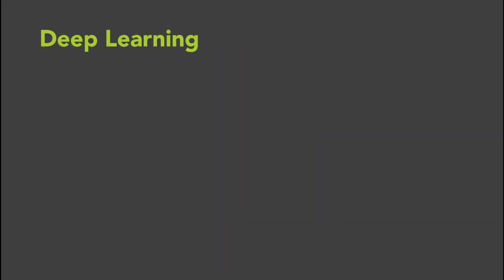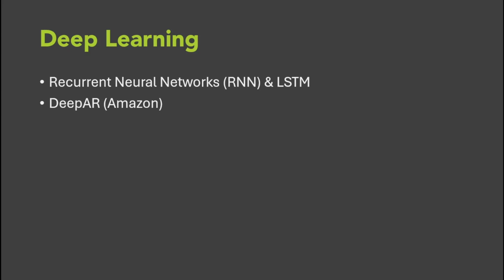Finally, we have deep learning models. These are models built using neural networks such as RNNs and LSTMs. Because these are neural networks, they can take in sequences and output sequences, which allows for multi-step forecasts. An example is Amazon's DeepAR, which is built off of RNNs and also provides probabilistic forecasts.